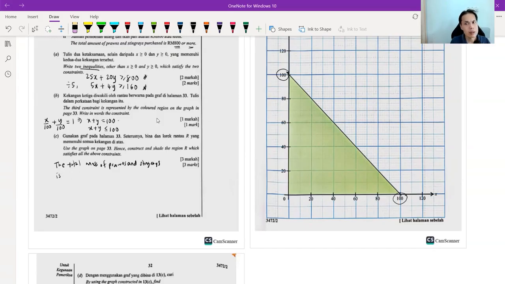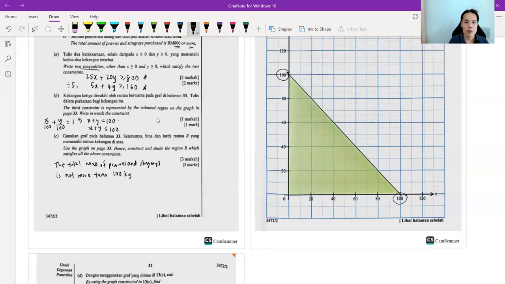You cannot say less than, because it can be equal. So we say it's not more than 100 kg. All right, so that is the answer for B.